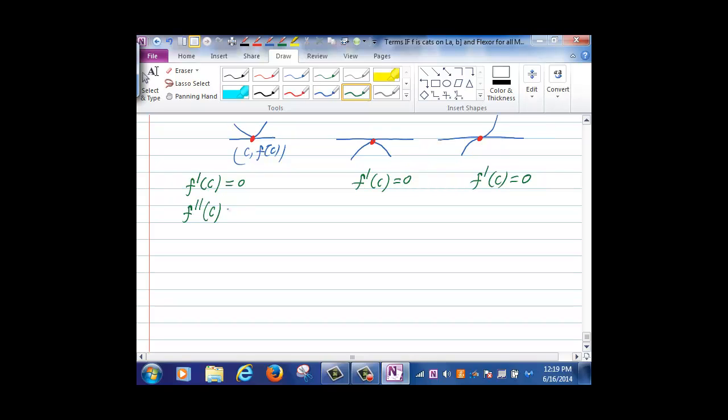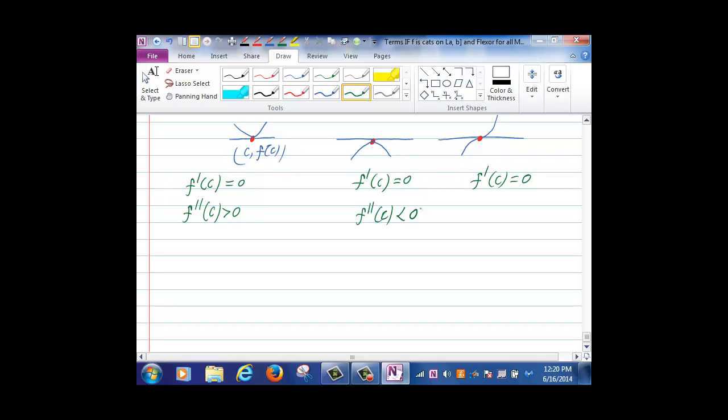Yeah. In this case, the second derivative is positive at c. In the other case, we don't know.